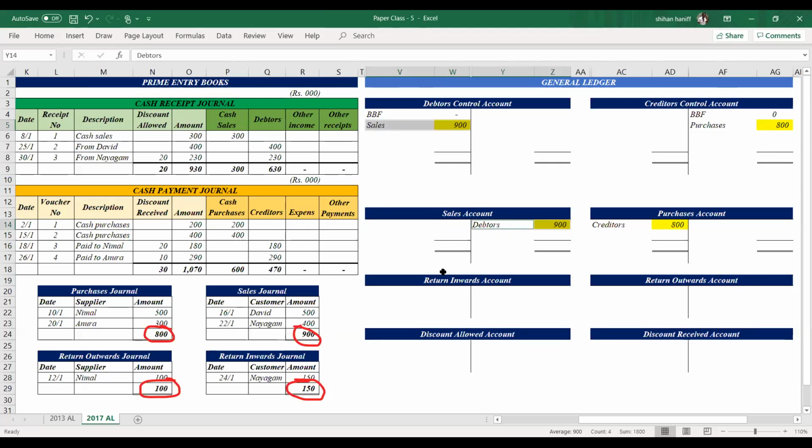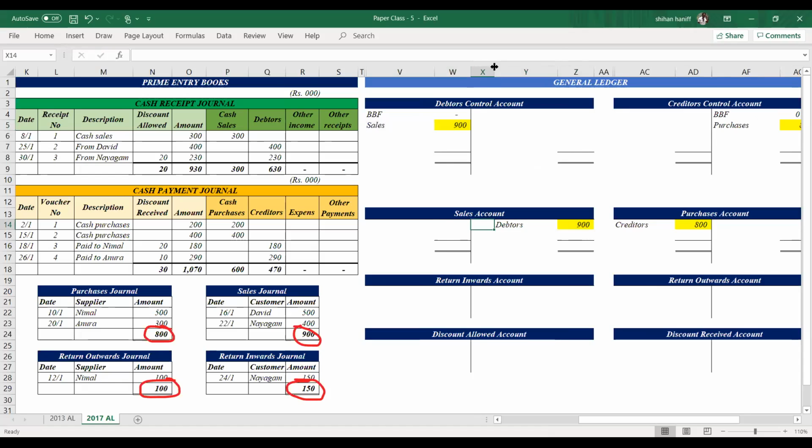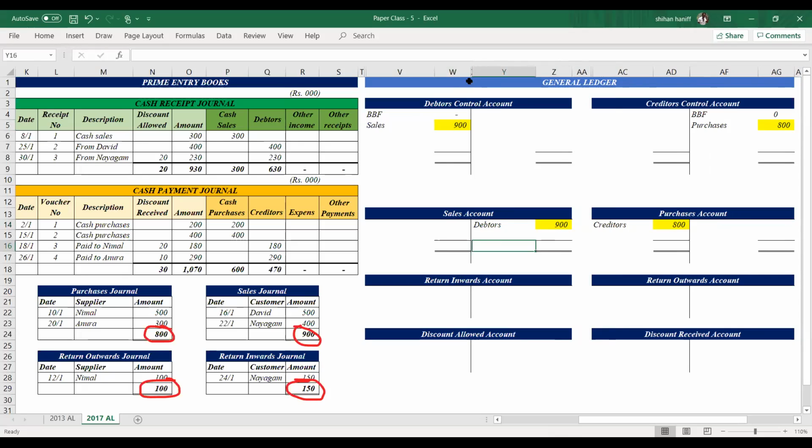We are recording the total amounts from the prime entry books to the general ledger accounts. Date is not compulsory. You have a date column, you can even have the date here. That's not an issue. I removed that because the account is fine.